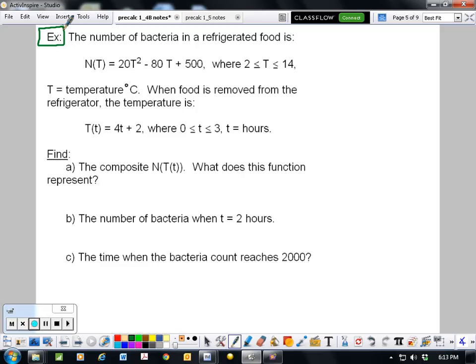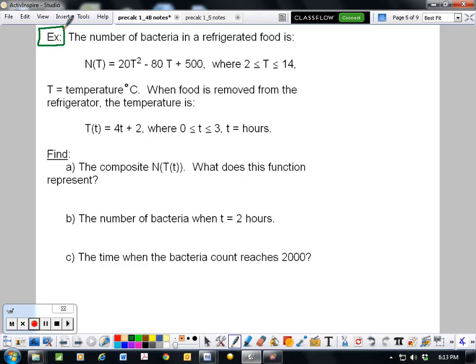T is going to be our temperature in degrees Celsius. Now when food is removed from the refrigerator, the temperature is T of t, big T at little t, equals 4t plus 2, where t is between 0 and 3, and t is in hours.